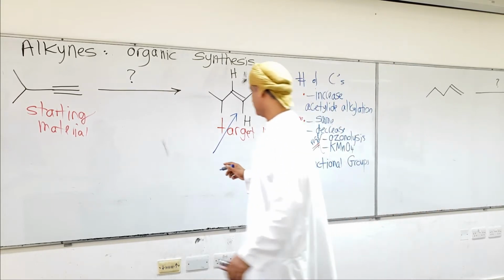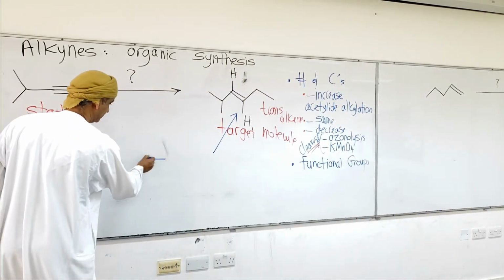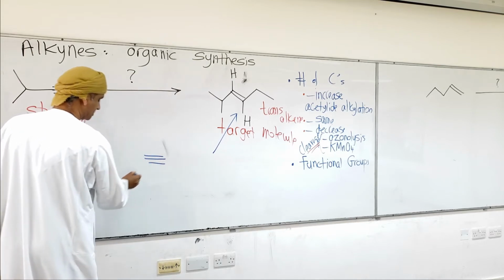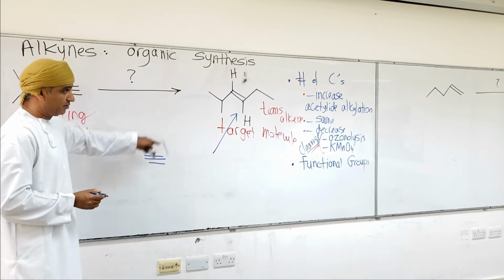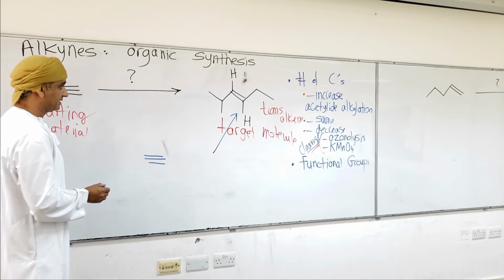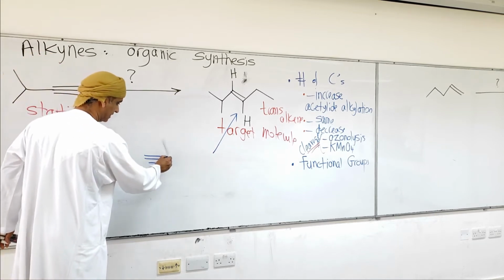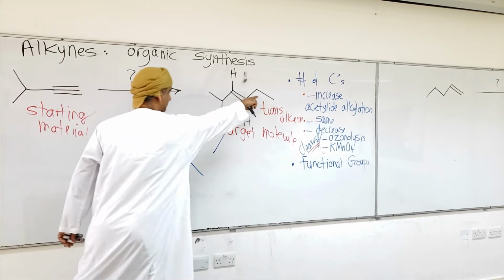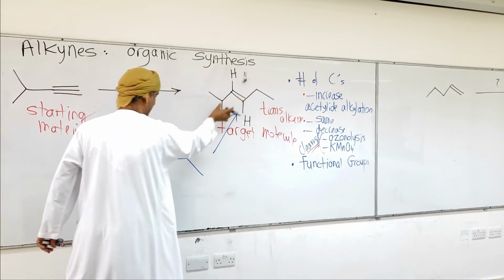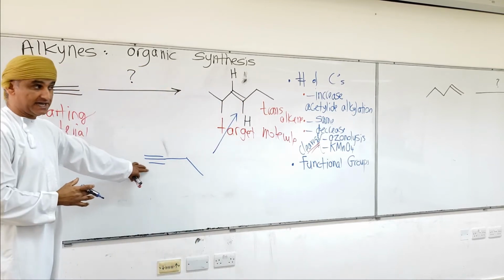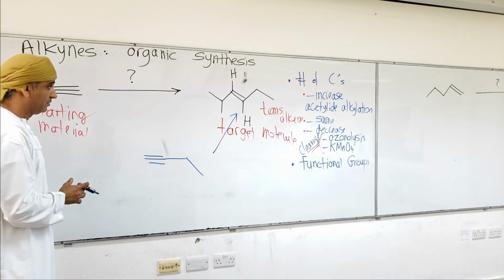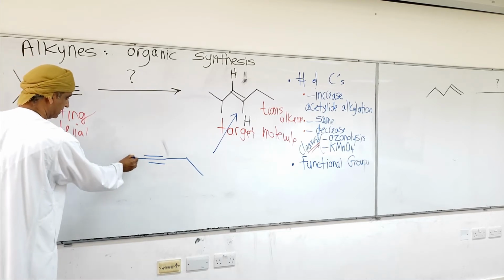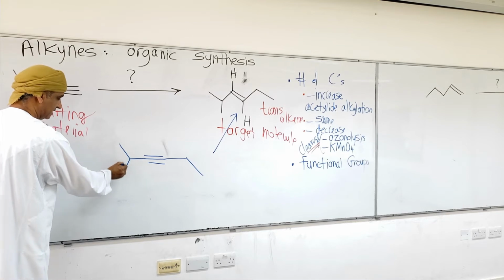Okay, so this will be the terminal alkyne. The position of the carbon-carbon triple bond should be the same as that of the carbon-carbon double bond in the target molecule, and then 2 carbons. So the double bond here was obtained by reduction of this carbon-carbon triple bond, and then we have the isopropyl unit here.